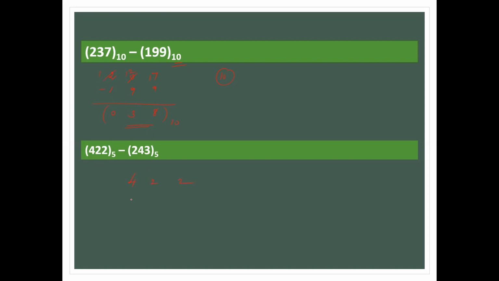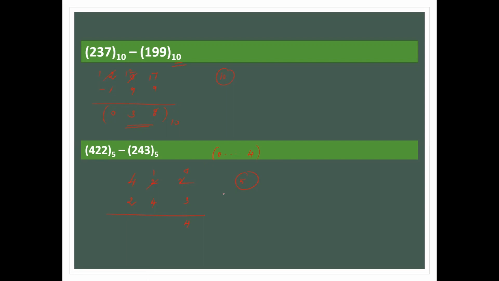Similarly, in base 5, what do I do? 422 minus 243. Now this is in base 5. So the maximum that I can borrow is going to be 5. Now 2 minus 3 is not possible. So I reduce this by 1. And now I borrow. How much can I borrow? I can borrow only a 5 in this particular case. Correct. So now that I have borrowed a 5 here, this becomes 5 plus 2, which is 7. 7 minus 3 is nothing but 4, which is from 0 to n minus 1.